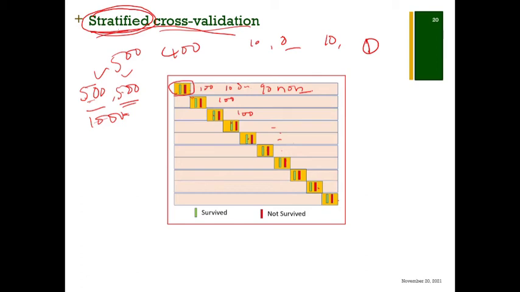Otherwise, if you have a fold whereby there are 90 non-diabetes patients, which is negative, and you have only 10 positive, but in the next fold, unfortunately, you have 10 negative and 90 positive, we don't want this.